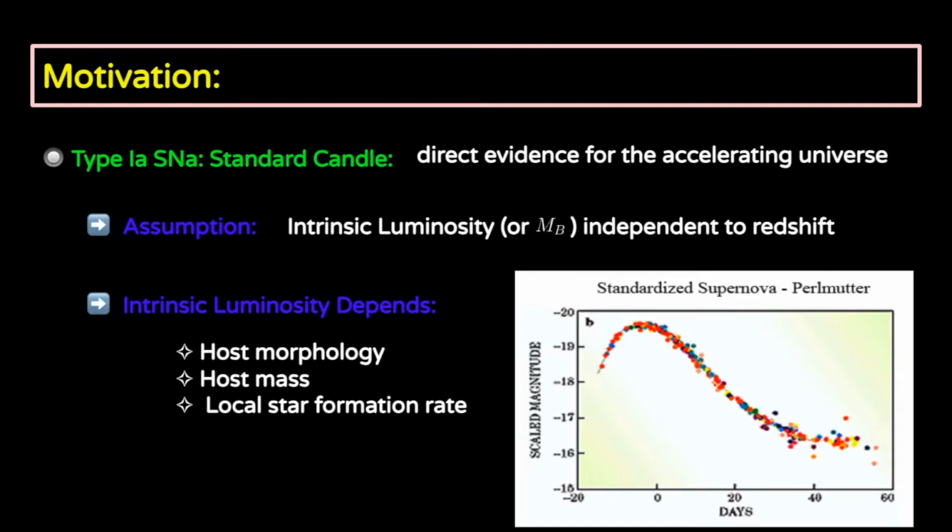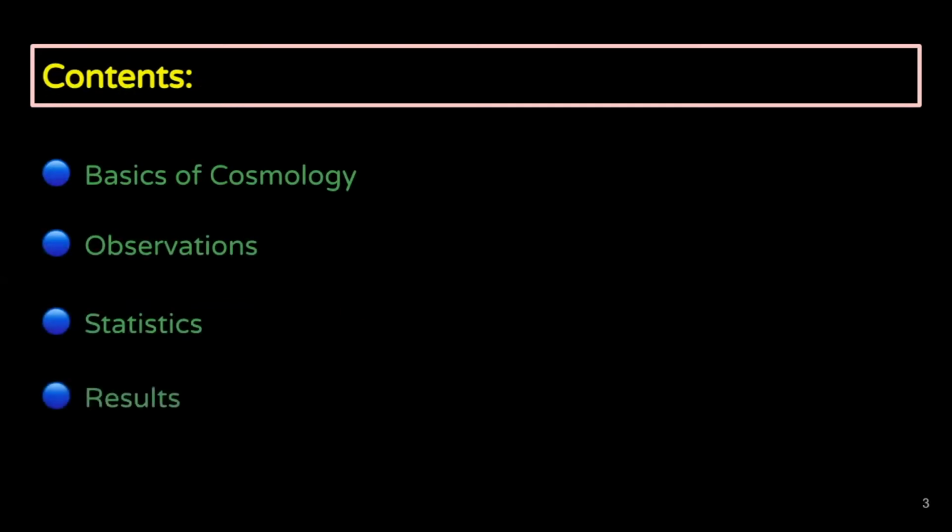Therefore, in this work, we relax the standard assumption that type 1a supernovae have an intrinsic luminosity independent of the redshift, and we investigate the variation of the absolute magnitude with redshift.